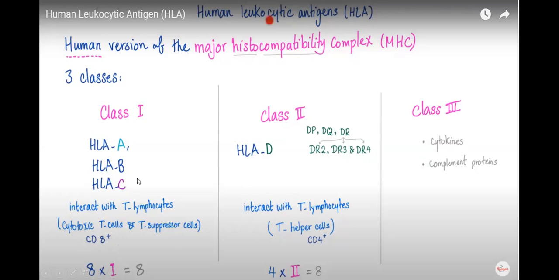We already saw that T cytotoxic cells have the marker CD8 positive and T helper cells have CD4 positive. But it is sometimes confusing, with different cells, different classes, and different CD markers.